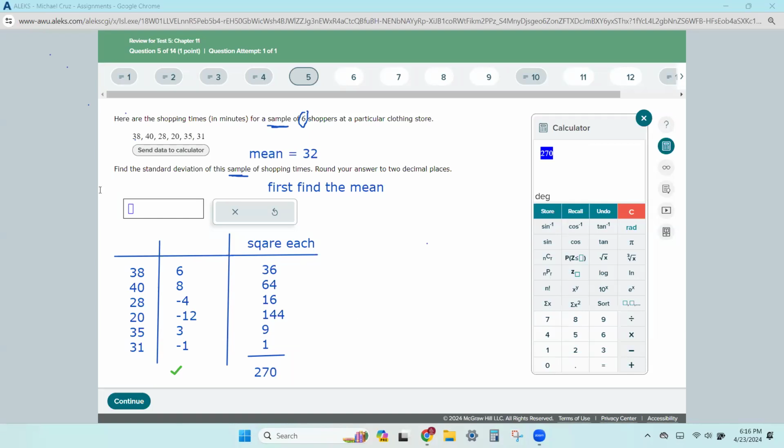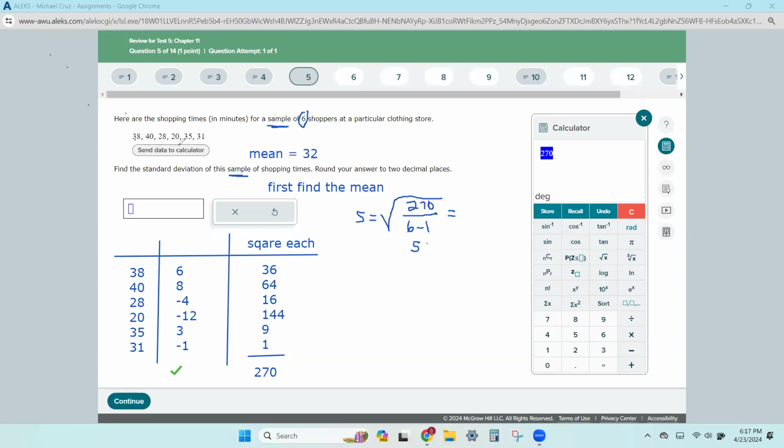So the sample standard deviation, or S as it's called, is 270 over 6 minus 1. All right, so that's going to be 5.